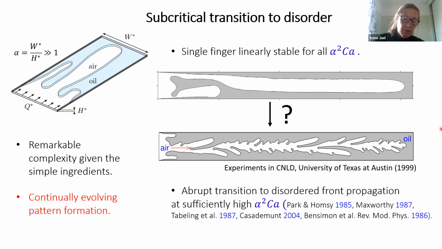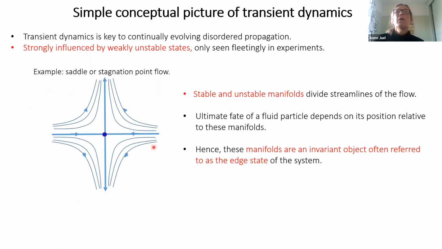If we think a little bit about what a dynamical systems approach would look like, we'd say we can look at a really simple conceptual picture of this. And transient dynamics is typically key to understanding continually evolving disordered propagation.